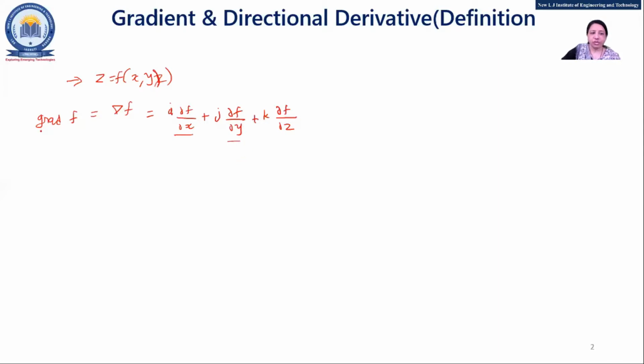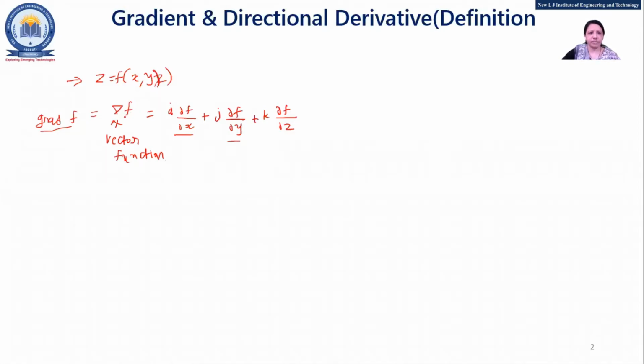So this is called grad f. Grad f is a vector function. If a function is given to you, you just find grad f.